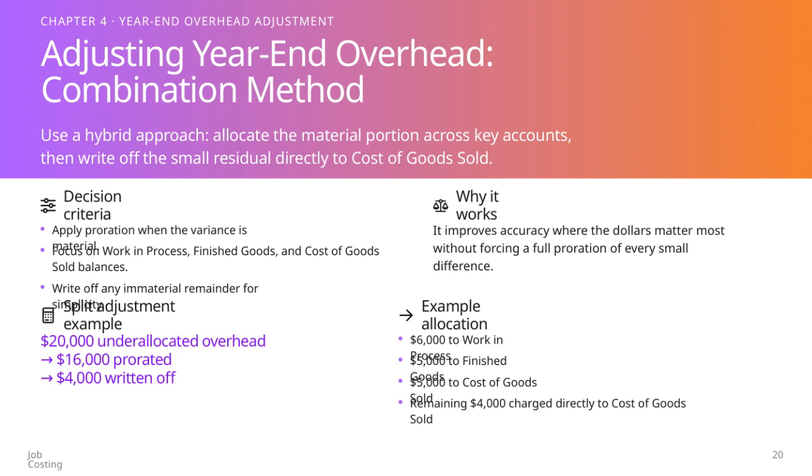In a typical allocation, that $16,000 might be split as $6,000 to work in process, $5,000 to finished goods, and $5,000 to cost of goods sold. The $4,000 write-off straight to cost of goods sold keeps the process efficient without sacrificing meaningful accuracy. This method is especially useful in job costing environments where careful tracking of overhead is essential.